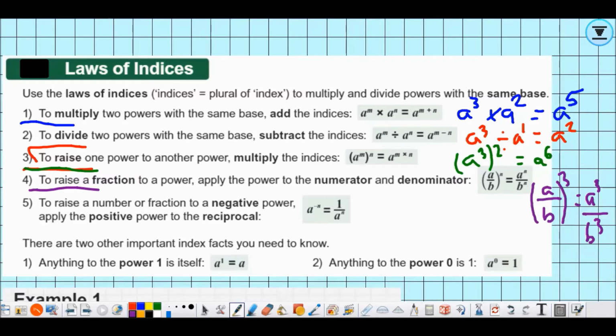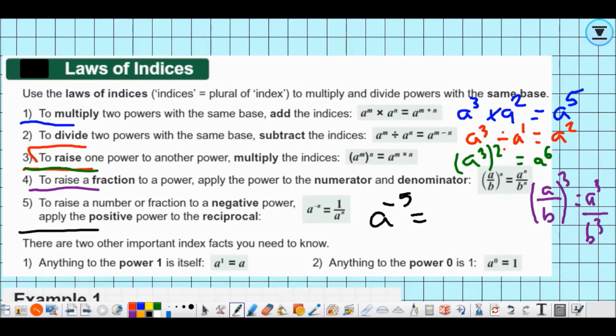Okay. And then rule number 5 is to raise a number or a fraction to a negative power. Apply the positive power to the reciprocal. So because it's a negative power, that's going to turn it from what it actually is to the reciprocal of that, and then I'll raise the base to the bottom to the positive power. What do I mean by that? A to the power of negative 5, for instance.